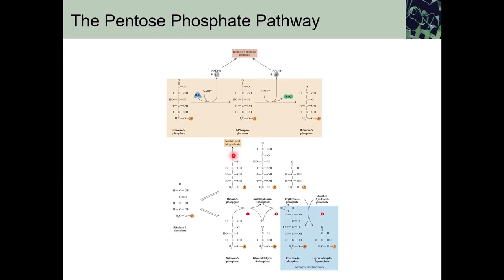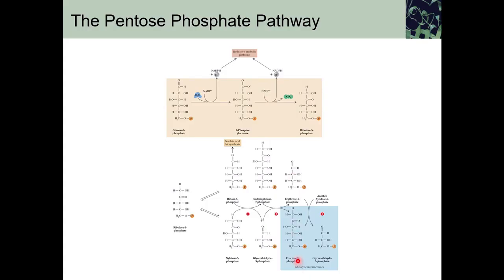So what happens next is a reaction between ribose 5-phosphate and xylulose 5-phosphate, producing sedoheptulose 7-phosphate, a 7-carbon sugar, and a 3-carbon sugar, glyceraldehyde 3-phosphate. Now, these two further react with each other to produce erythrose 4-phosphate and fructose 6-phosphate.